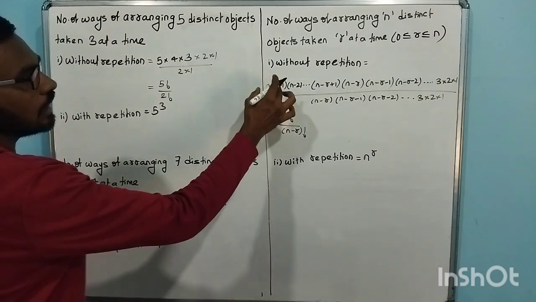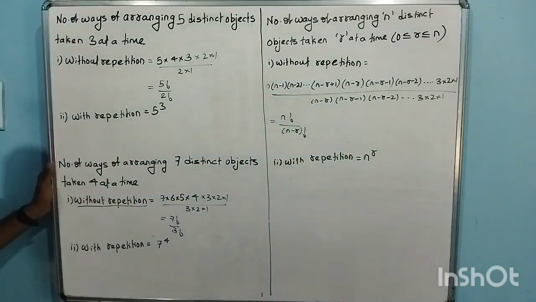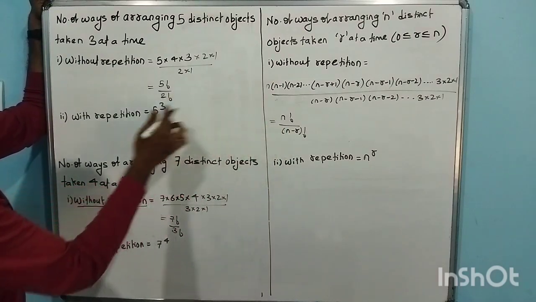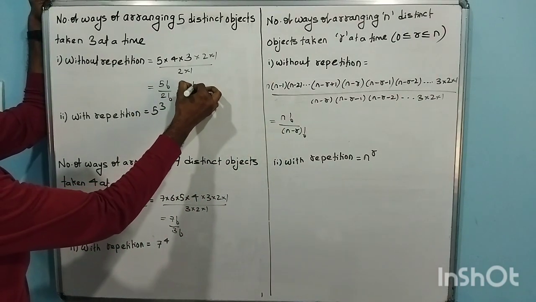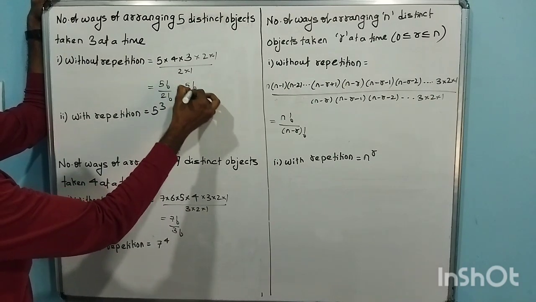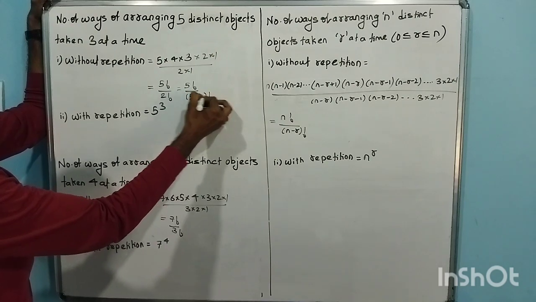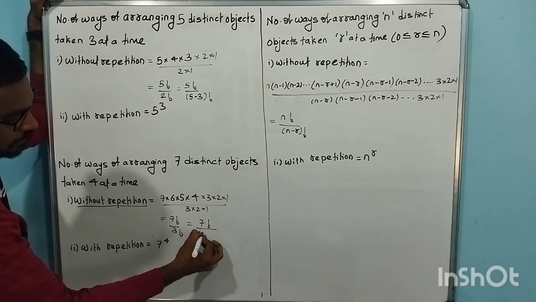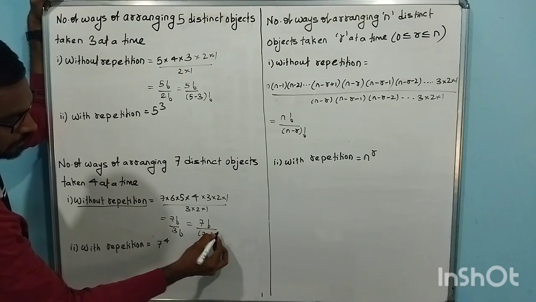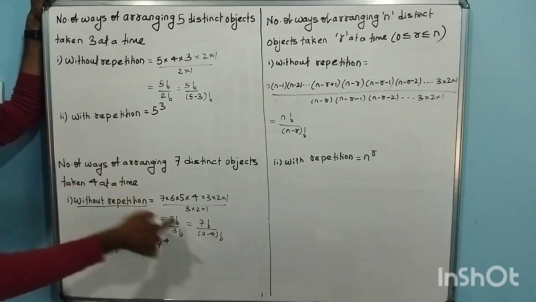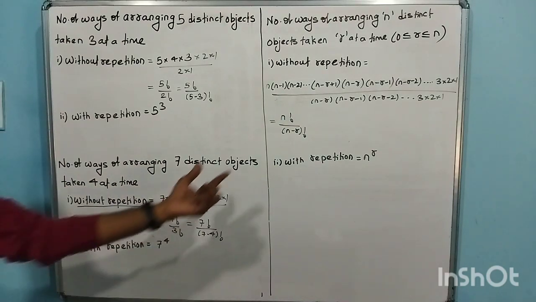Same way, this will be n factorial upon n minus r factorial. So this is the general formula. For example, 5 factorial upon 5 minus 3 factorial, which is 2 factorial, and 7 factorial upon 7 minus 4 factorial. This is the formula I got.